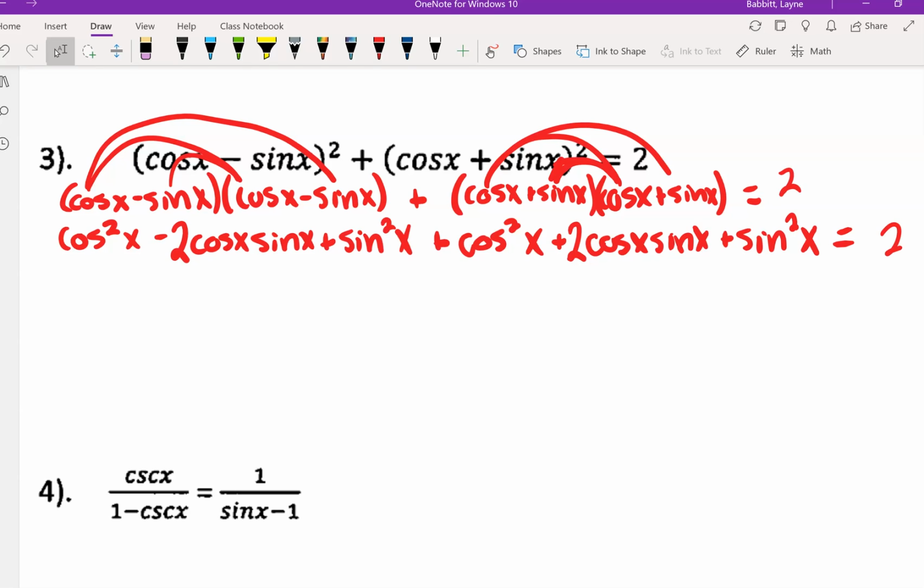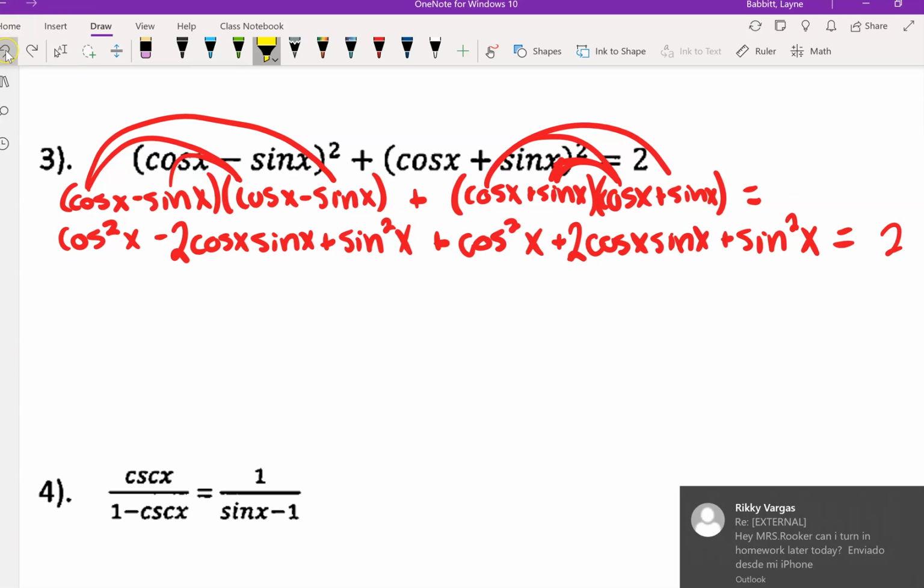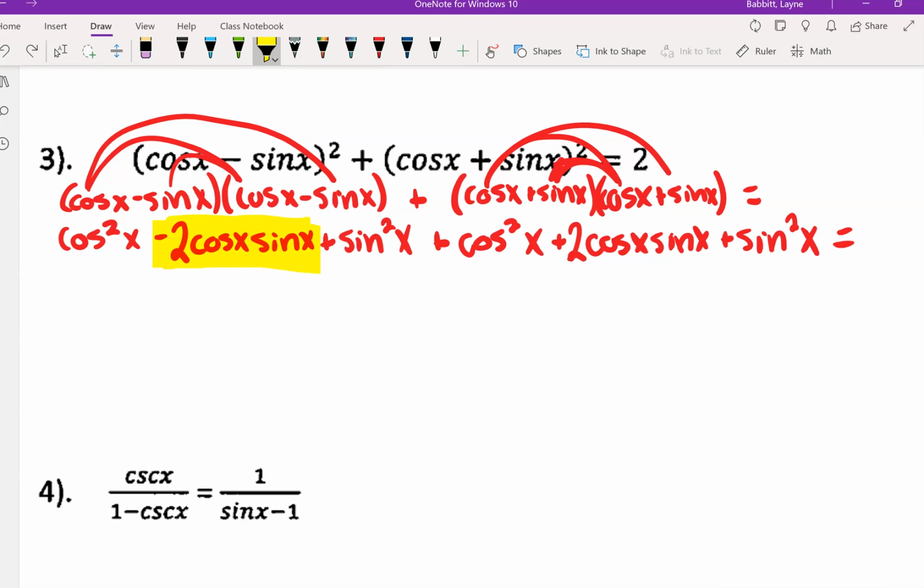I'm going to get it to simplify to 2, so we're going to do a bunch of simplifying here. Now I notice that this here is opposite of this here.